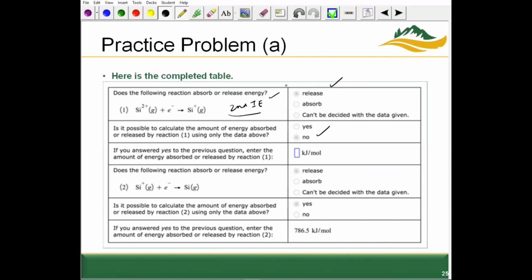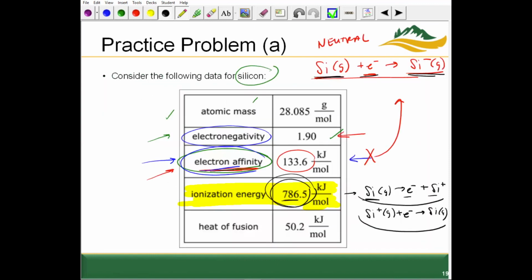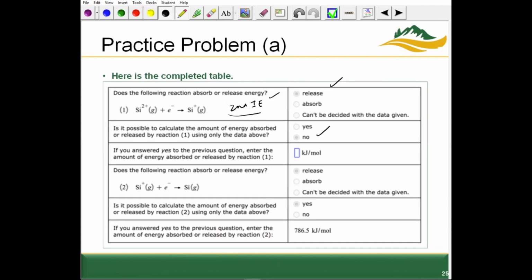We could have looked it up in a table, but we're just looking at what was provided here in this practice problem in this table here. Then this one is a release of energy as well, because we're adding back an electron.